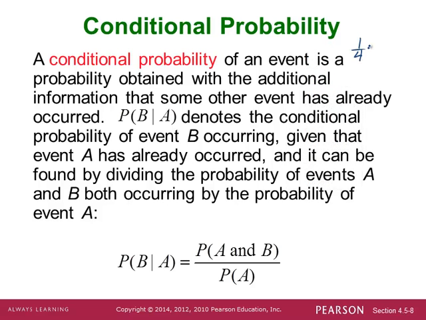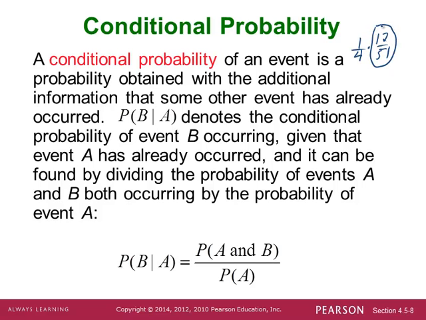And then you want to calculate the probability of getting the first card a spade, and given the fact that the first card is a spade, that the second card is a spade. Well, with the second draw, 12 of the cards out of 51 will be spades, so there's a 12/51 chance that the second card is a spade, given the fact that the first card is a spade.